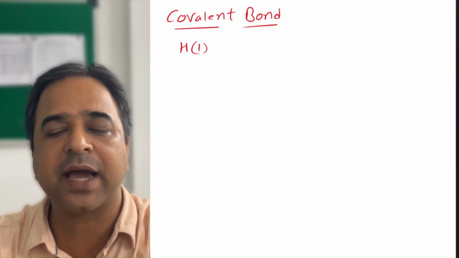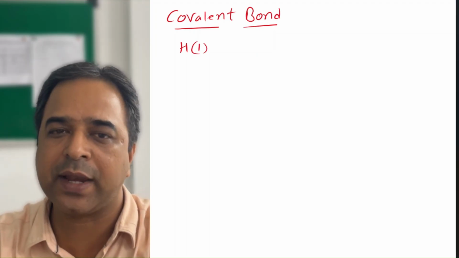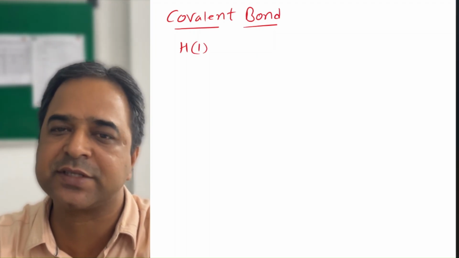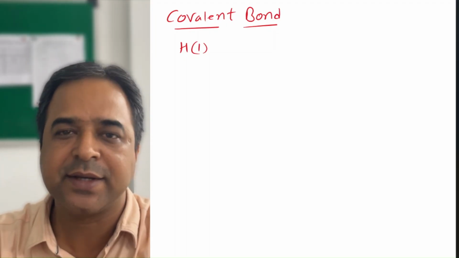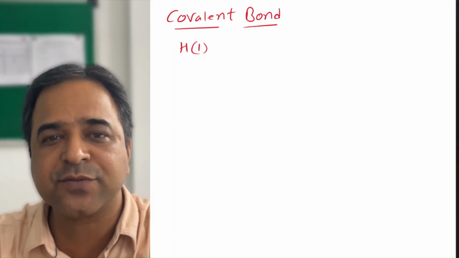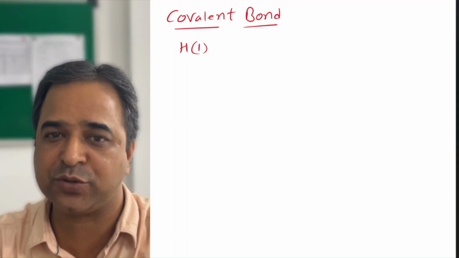That is how this hydrogen is also going to get a 2-electron configuration in its first and last shell. But how will this hydrogen do that? First of all, it can ask from its own kind of atom, that is, another hydrogen.